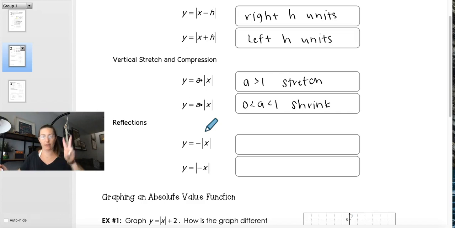So if I had a V that looks like this, and it's going to do a vertical reflection, that means it's going to go this way. So this is vertical versus this would be horizontally. Okay, so vertical. So when this is happening, it's actually reflecting across your x-axis.